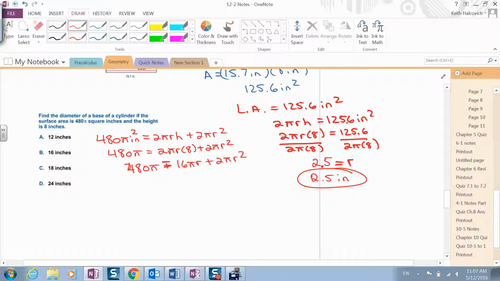All right, so if we notice here, we have a common factor. We can factor out a 2 and a pi. We can divide 2 pi by each term.